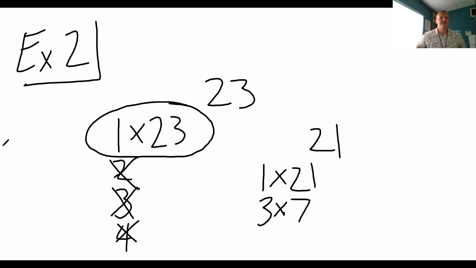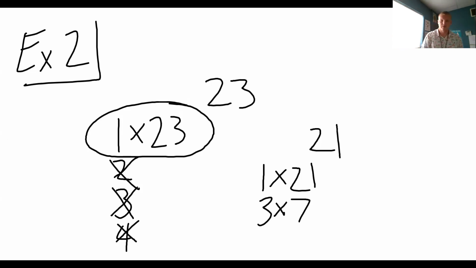You'll have to do some checking of the numbers. So for 23, the only factors of 23 are 1 times 23. And the only factors for 21 are 1 times 21 and 3 times 7.